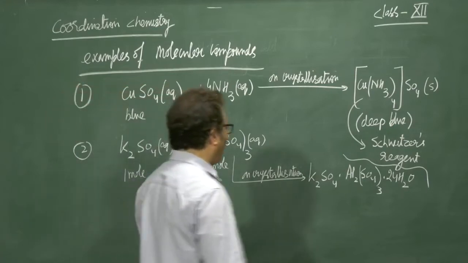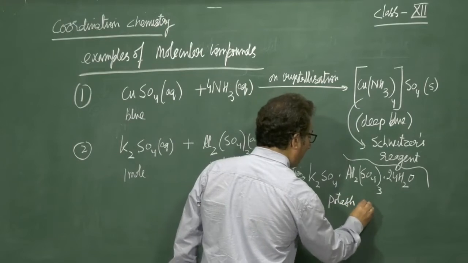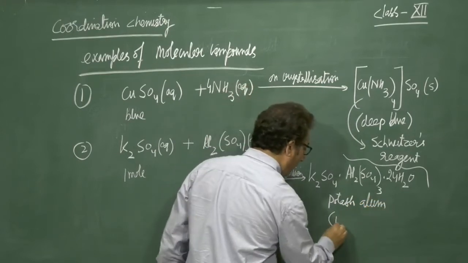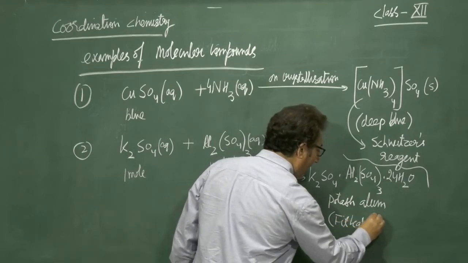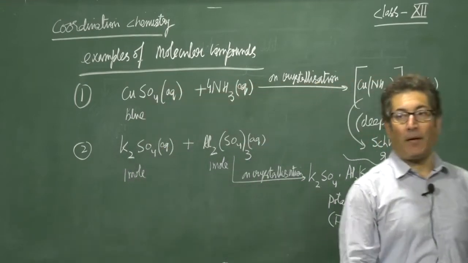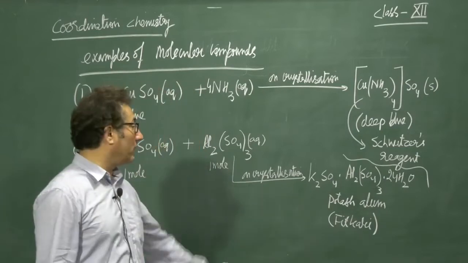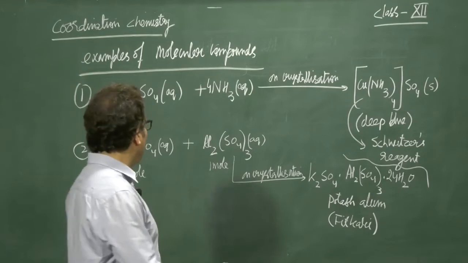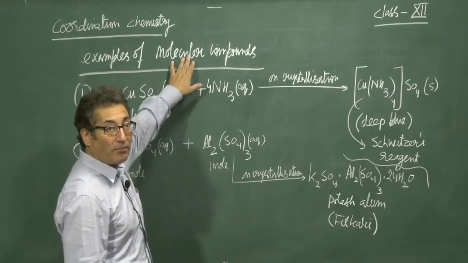This compound is called potash alum, commonly called Fitkari. Fitkari is used as an antiseptic, and it is used for sterilization of water, for killing the germs in water. You use potash alum, the Fitkari. So both these are examples of molecular or addition compounds.